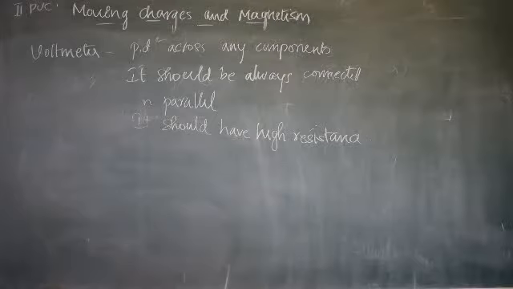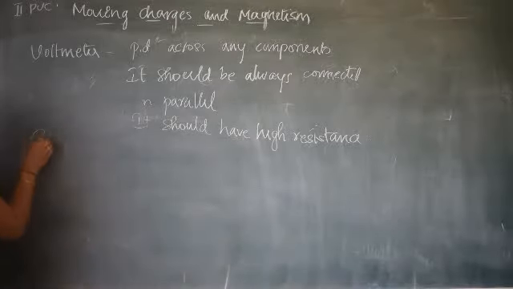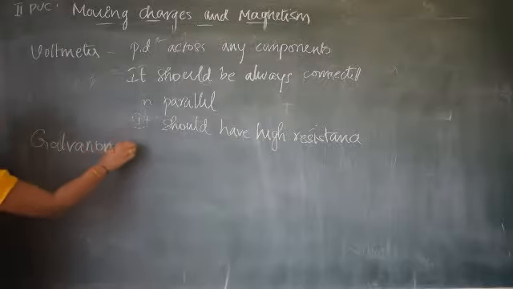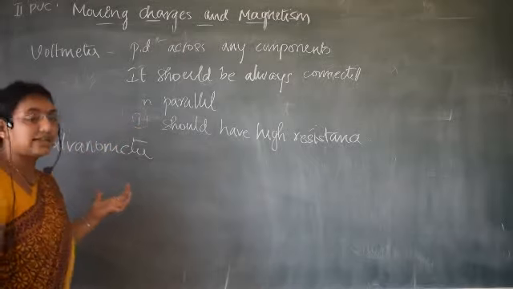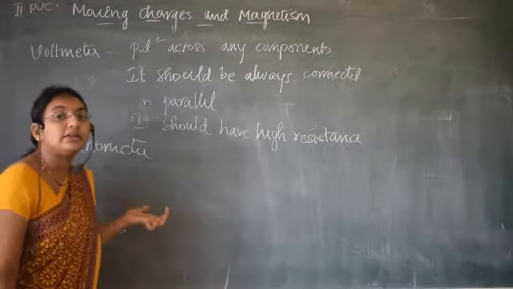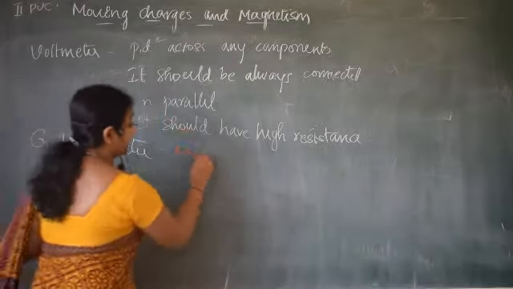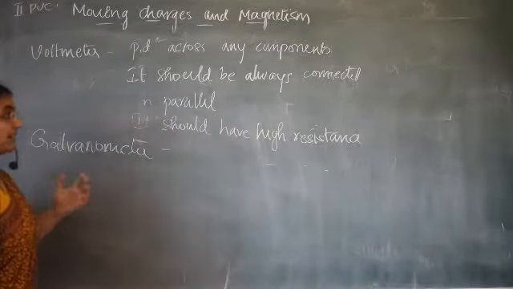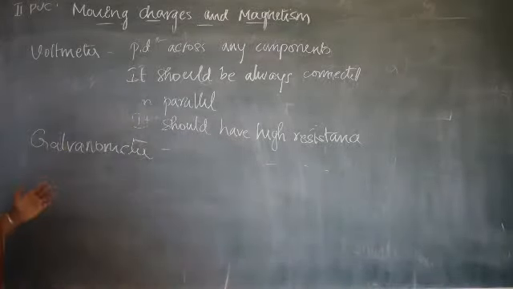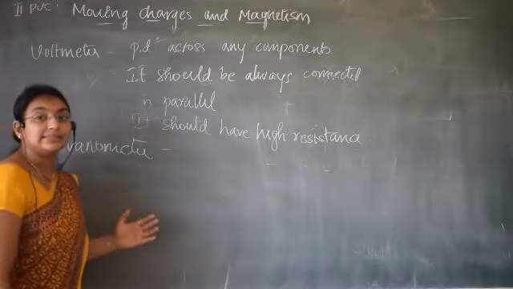Now the next question is, can we convert the galvanometer into a voltmeter? Yes, we can. But what is actually the work of a galvanometer? A galvanometer is a device used to detect current. You will write that over here. What about the resistance in the galvanometer?